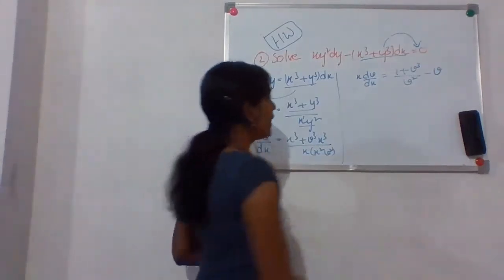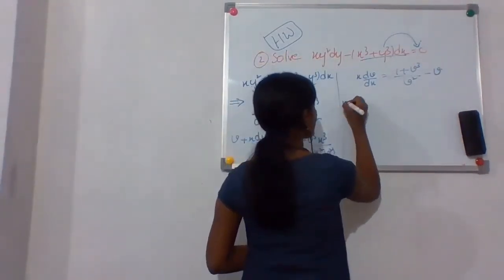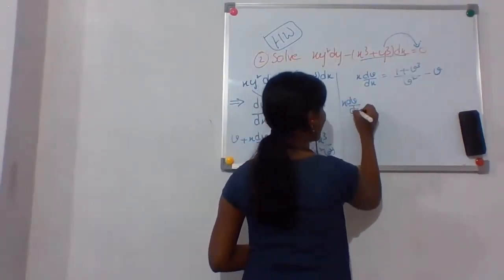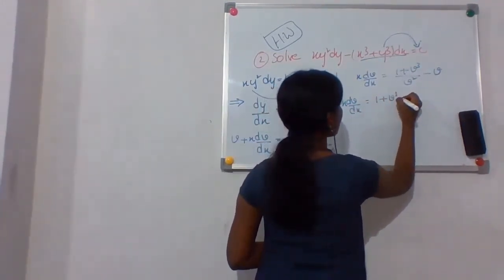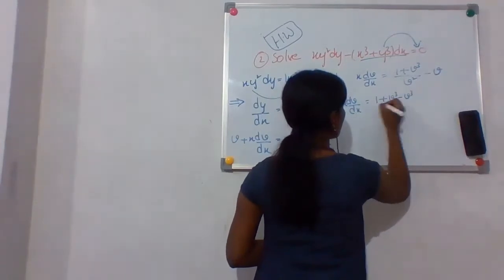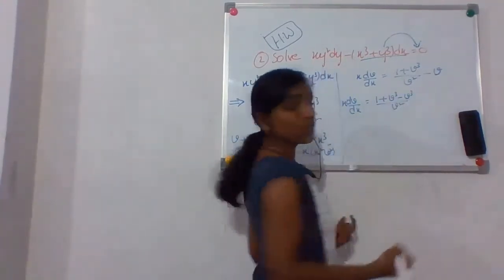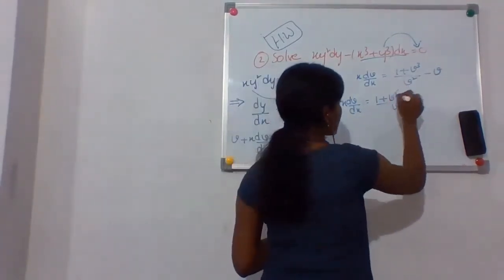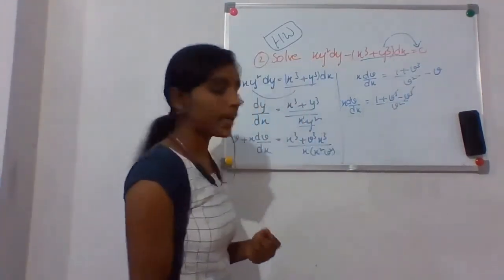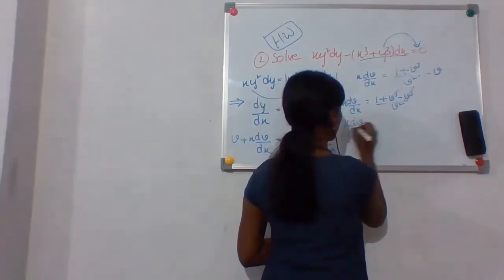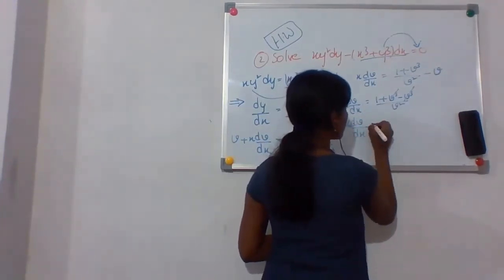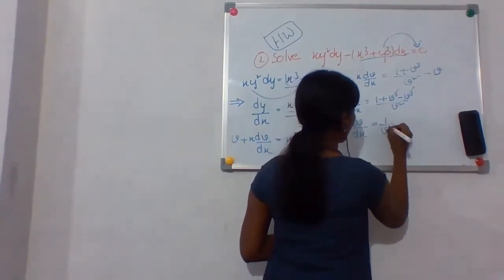Minus v. And then what do I get? x into dv by dx, by taking the LCM, (1 plus v cube minus v cube) by v square. Is this what I get? And now I will cancel both of them. So x into dv by dx is equals to 1 by v square.